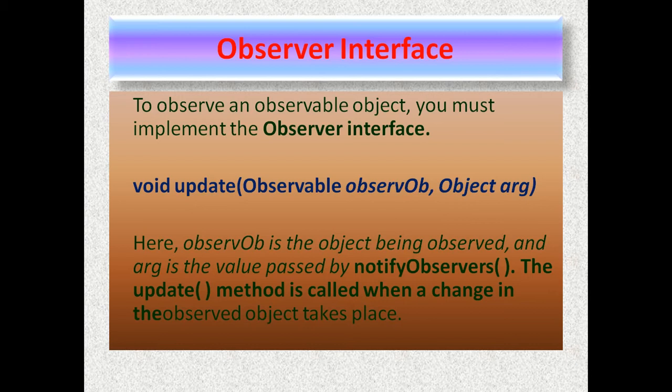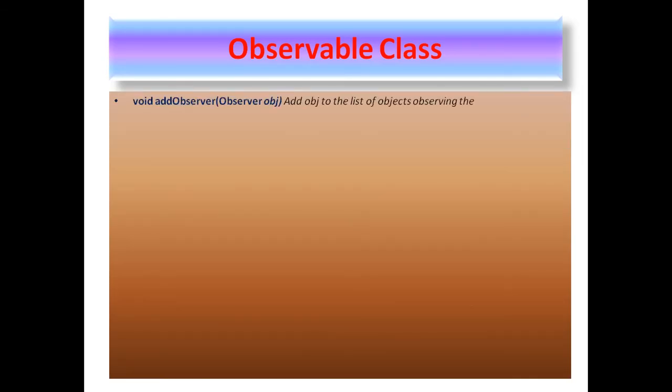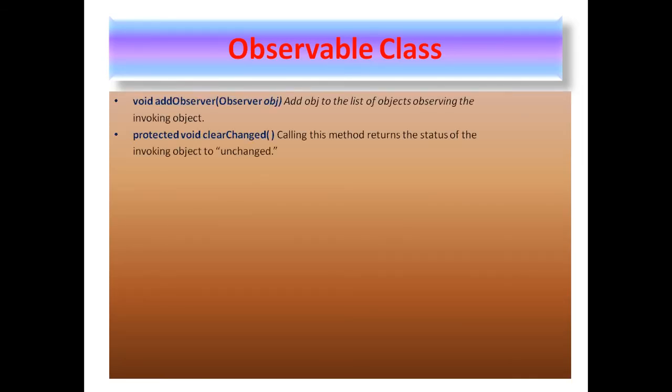So whenever any changes occur in the observed object, this update method is called. Then we're going to look at the observable class. Here you can see a few methods like add observer, which takes a parameter, an observer object.